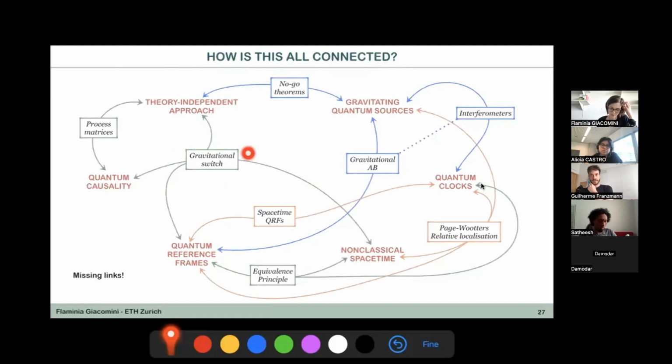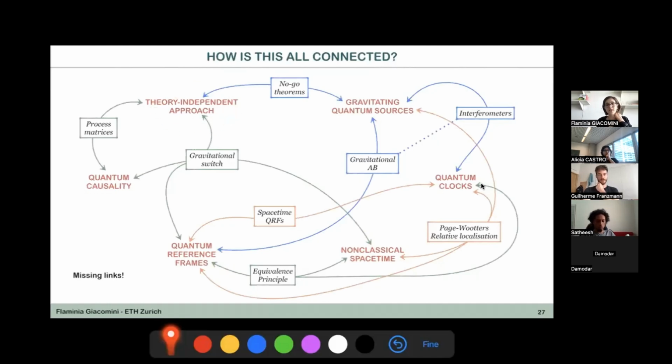And the gravitational switch also connects many of these topics, because it's a quantum superposition of causal order, so it's a quantum switch. It also connects to quantum reference frames, because you can go to the frame of these local observers A and B through the clock picture that I showed you, and to non-classical spacetime, of course.